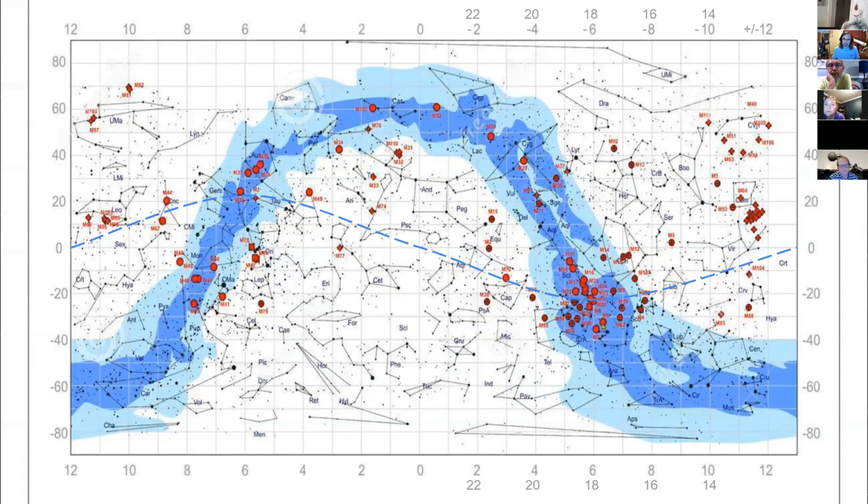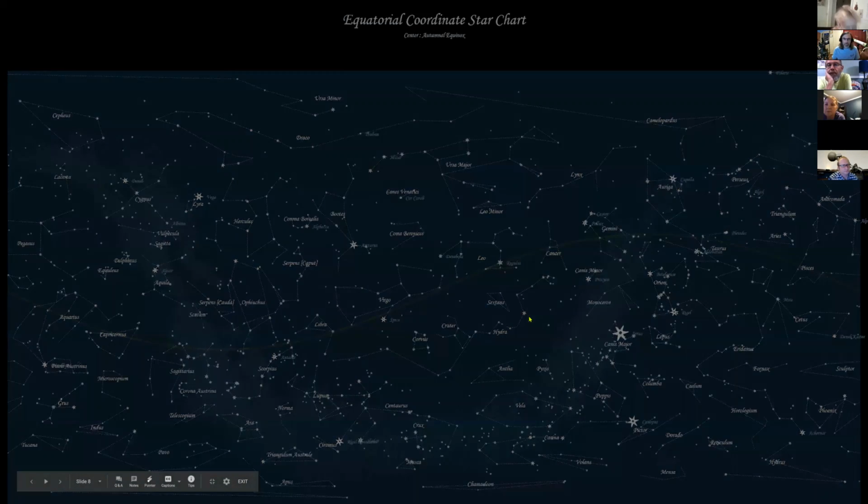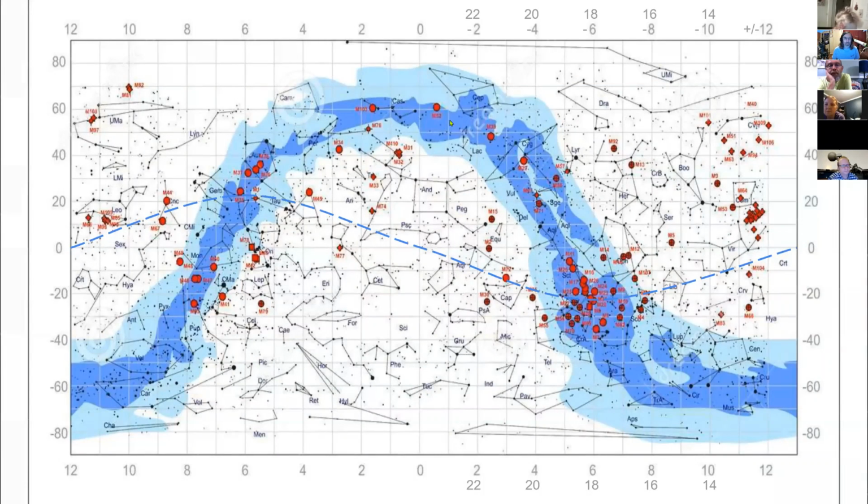Now, this thing that's swooping through here is the Milky Way. So you see that it's the Milky Way, and this is the ecliptic. This map actually didn't have the ecliptic in it, so I drew it in myself, which is why it's not perfectly sinusoidal.